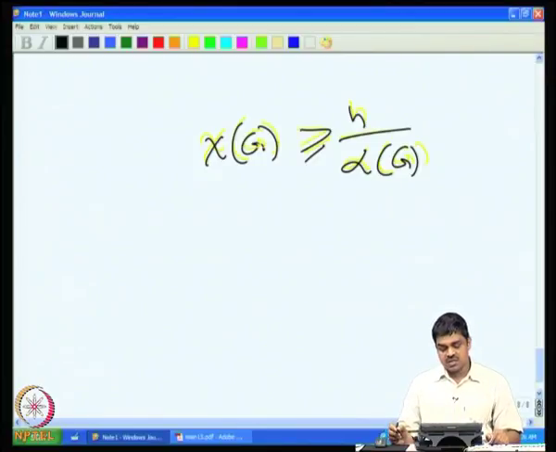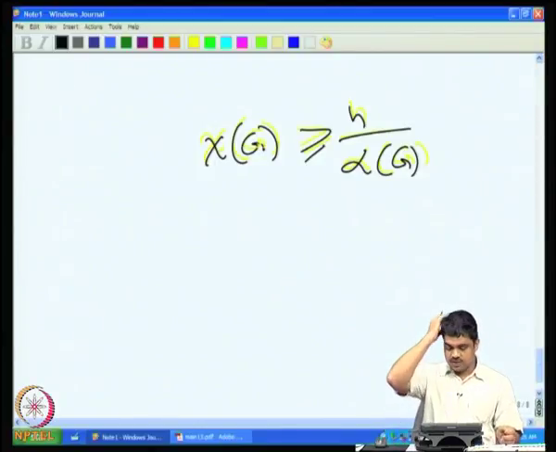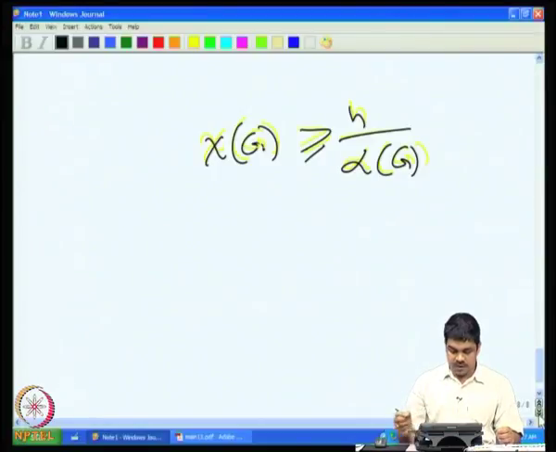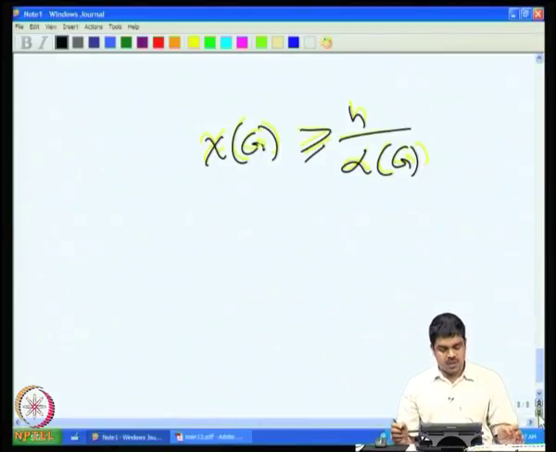So one color class contains only alpha of G vertices, but there are n vertices. So we should get at least so many colors, right? That's what we can tell about the relation between independent sets, the chromatic number, and the number of vertices in the graph.